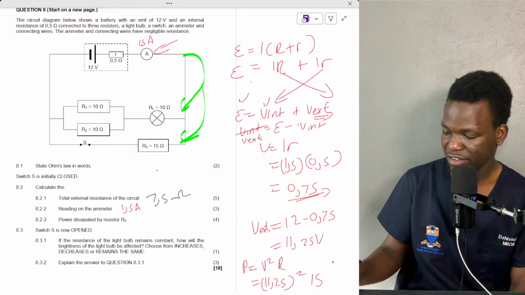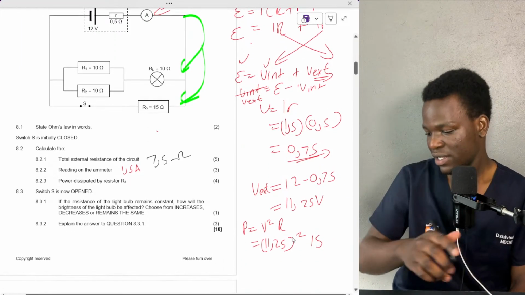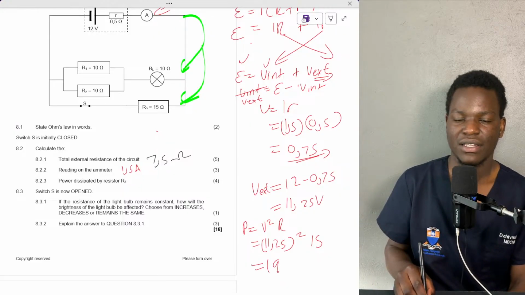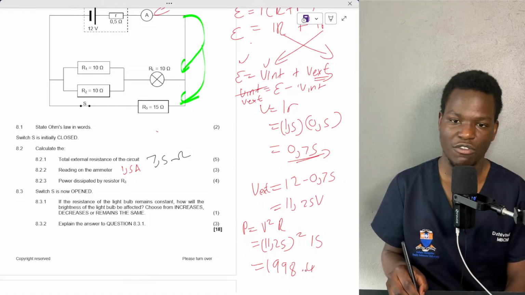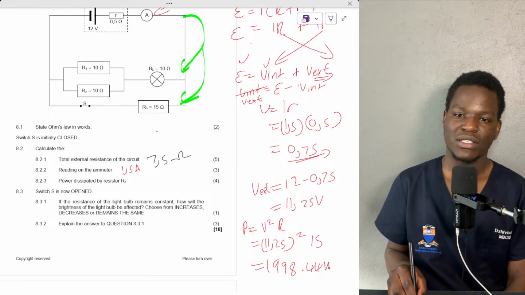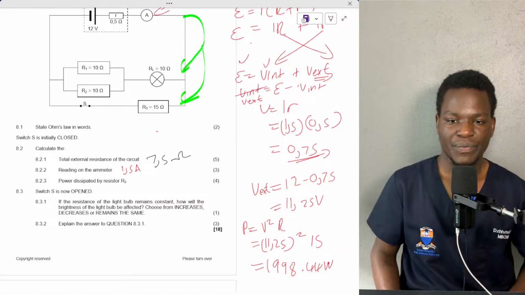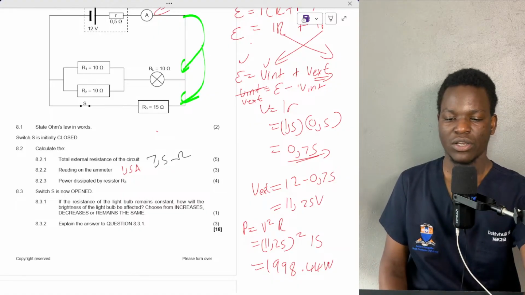How much does it give us? It gives us a lot of power: 1998.44 watts. So that's the power dissipated. Now let's continue with the questions.